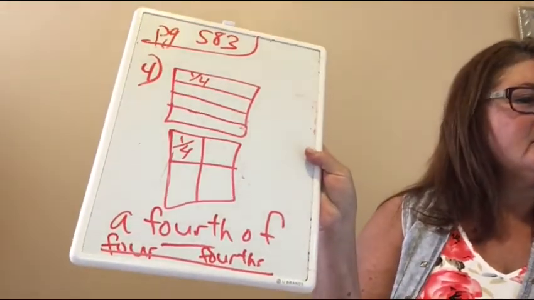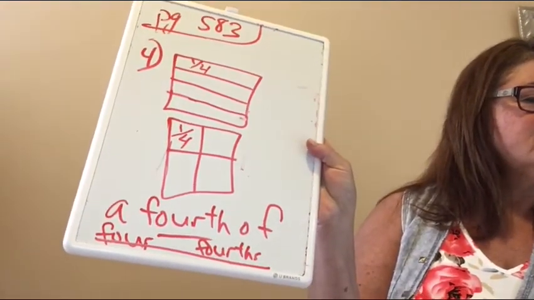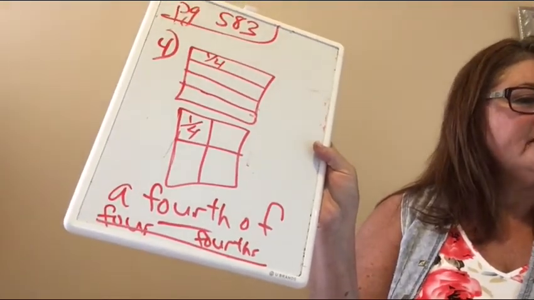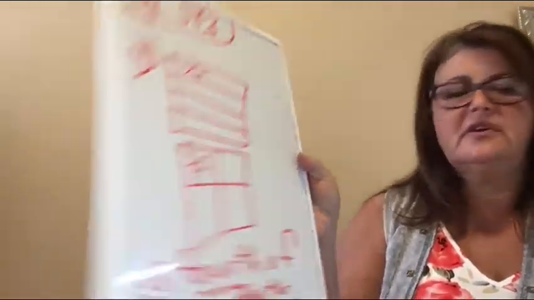So number 4 is a 1/4 of, and each whole is 4/4. So number 4 is each share is a 1/4 of the whole, and each whole is 4/4.